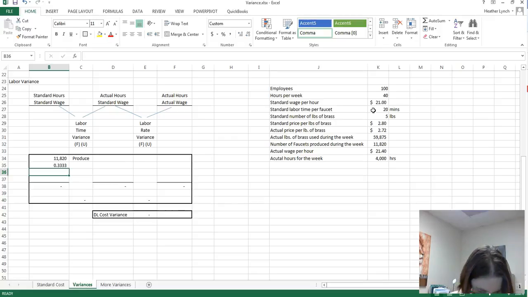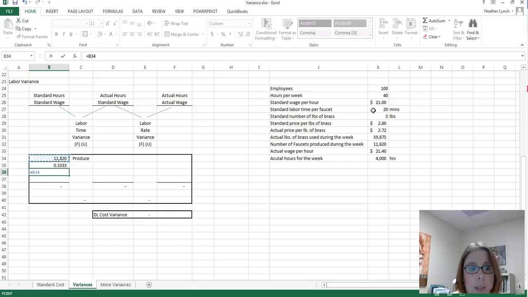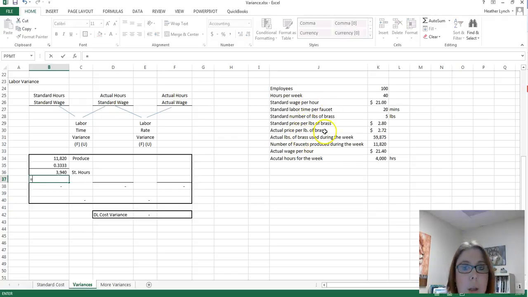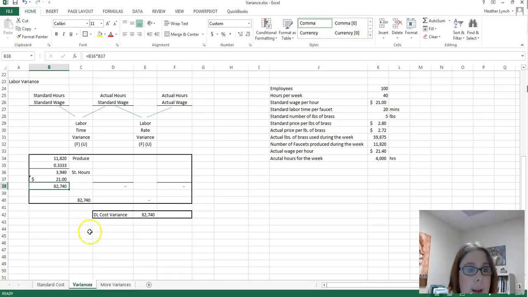Then I can take my 11,000 that we produced times my rate, and that gives me my standard hours. We determined that our standard wage per hour is $21. So that gave us 82,740.